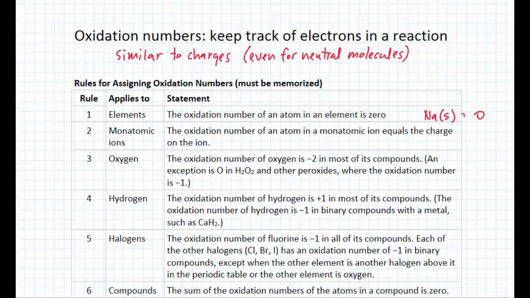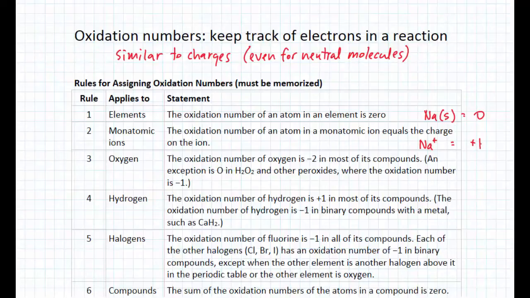Okay? Monoatomic ions, oxidation number equals the charge. So if I had Na+, that oxidation number is +1. Oxidation numbers are actual integer numbers. Okay? So we can talk about +1, -1, things like that.